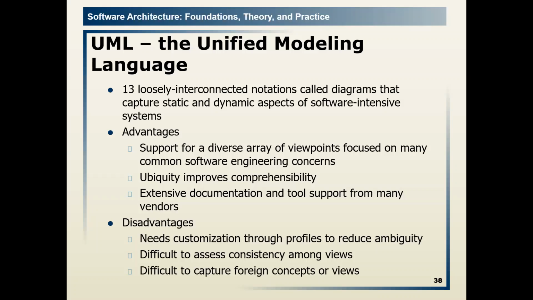Because UML only supports the object-oriented approach. So if there is some foreign view that is not included in the UML paradigm, the object-oriented way of thinking. Now, if you are able to describe your problem with all the object-oriented concepts, then yes, UML is a very good choice.